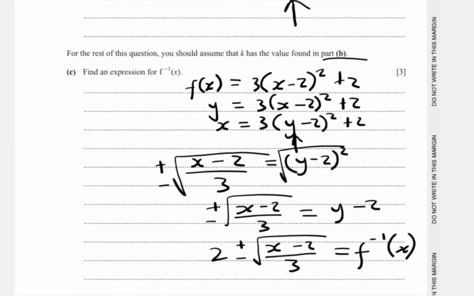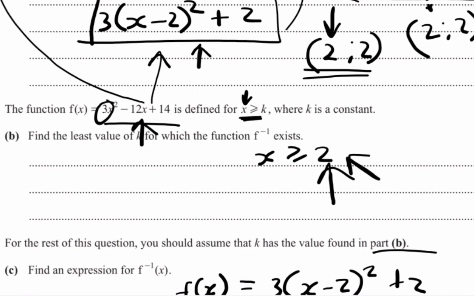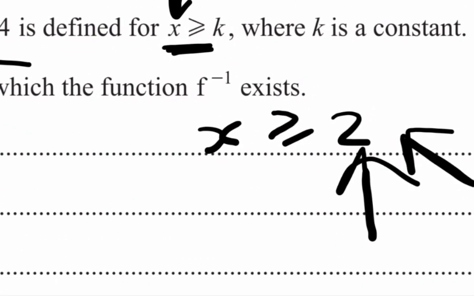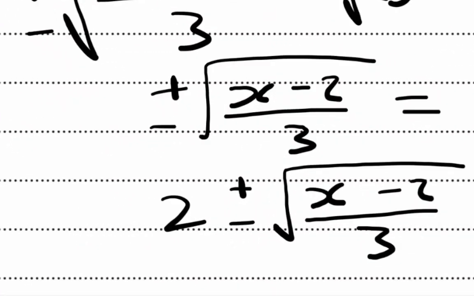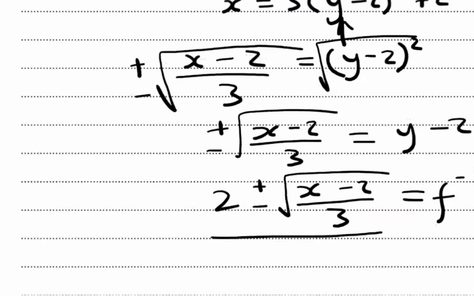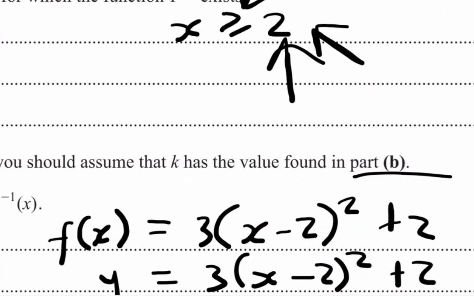And for that, we are considering this, right? So usually, whenever you see a greater than or equal sign, you are saying this has to be greater than or equal to 2. Because remember, this is now the expression for the inverse, and this is the domain of the original.